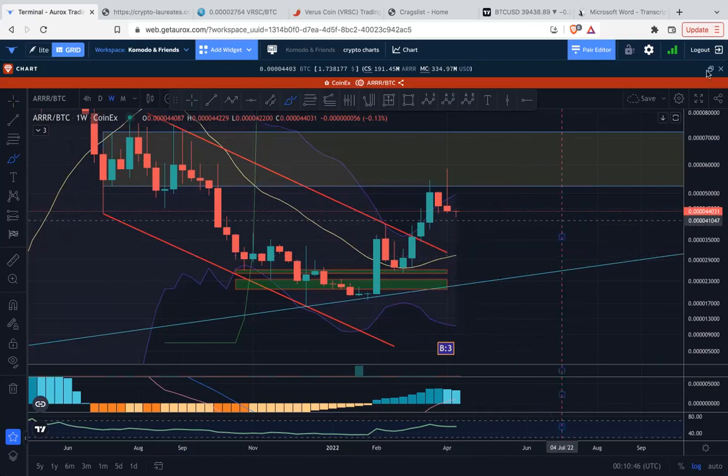Look for that 20-week moving average to hold as some support, but that's all the way down at 3,000 Satoshis. So you would hope that the price will chop around up here and come slowly down before meeting the 20. So yeah, watch out for that Pirate Chain price chart on the weekly.